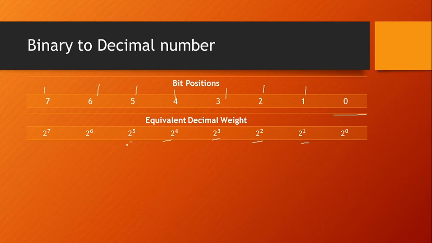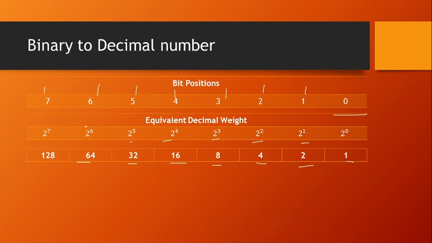Their equivalent decimal weights become 2 to the power 0 is 1, 2 to the power 1 is 2, 2 to the power 2 is 4, 2 to the power 3 is 8, 2 to the power 4 is 16, 2 to the power 5 is 32, 2 to the power 6 is 64, and 2 to the power 7 is 128.